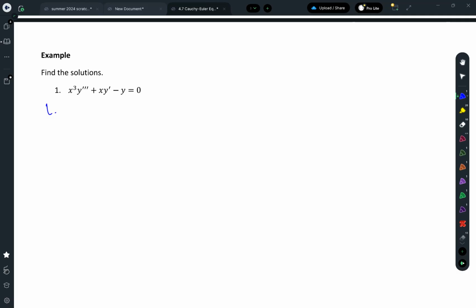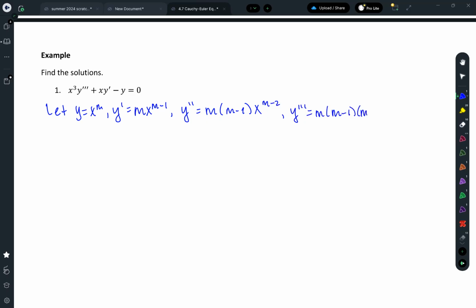So we're going to start off with let y equal x to the m. y prime is m x to the m minus 1. y double prime is m times m minus 1 times x to the m minus 2. And y triple prime is m times m minus 1 times m minus 2 x to the m minus 3.